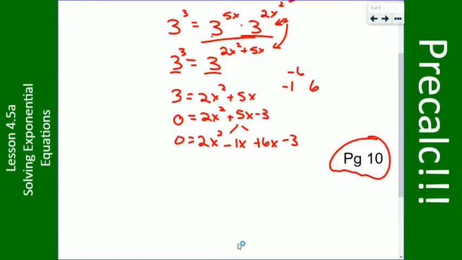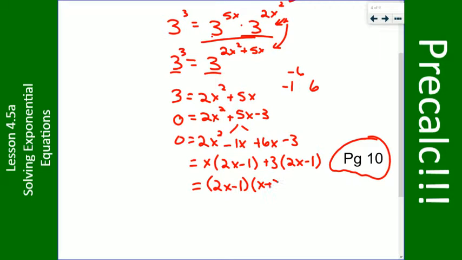So we ask, what do these first two terms have in common? They have an x, so x times 2x minus 1. And these second two terms, what do they have in common? They have a 3 in common, so plus 3 times 2x minus 1. These two terms have a 2x minus 1 in common, so 2x minus 1 times x plus 3.